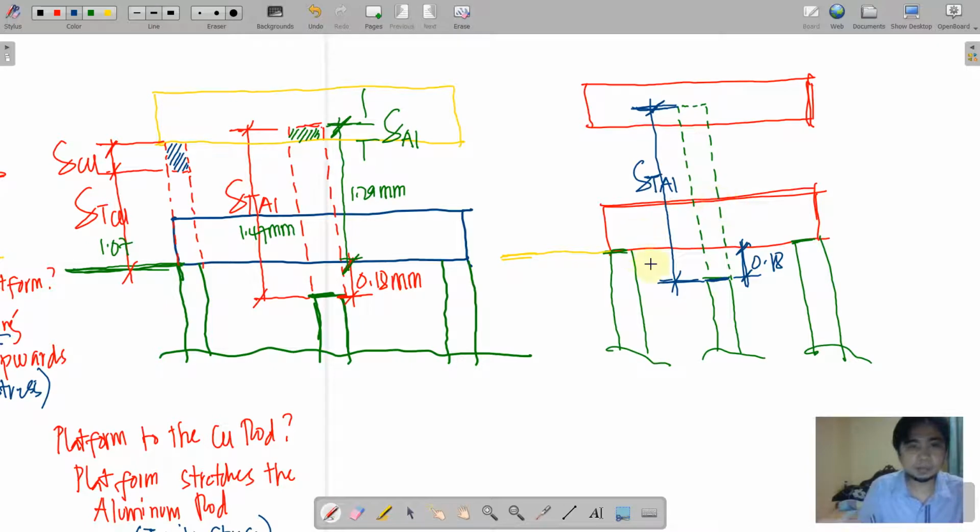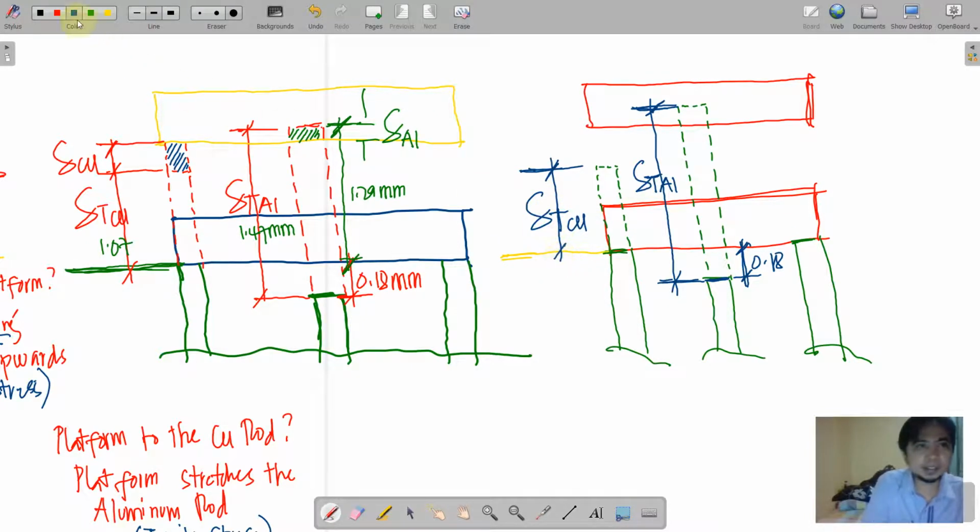And then for the other rod, we're going to extend that again. This initial elongation is due to the change in temperature, wherein this is delta T of the copper.